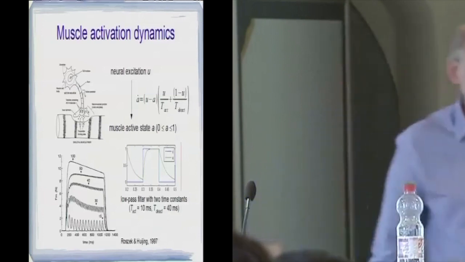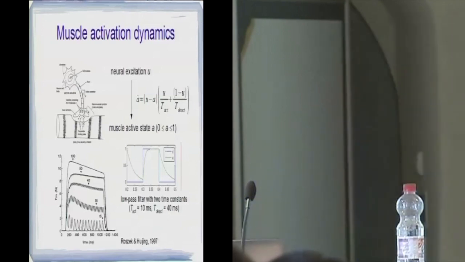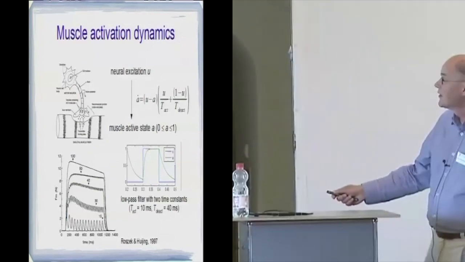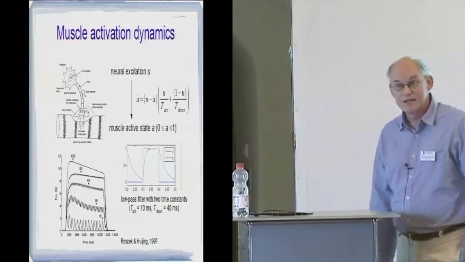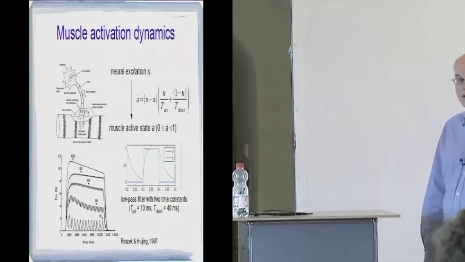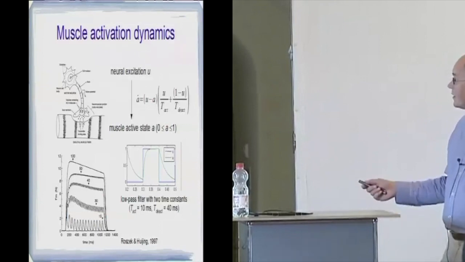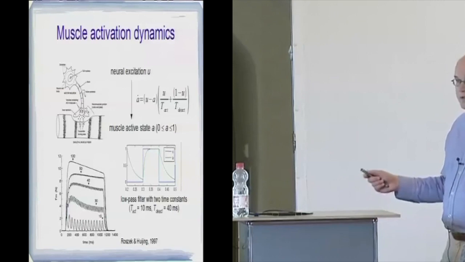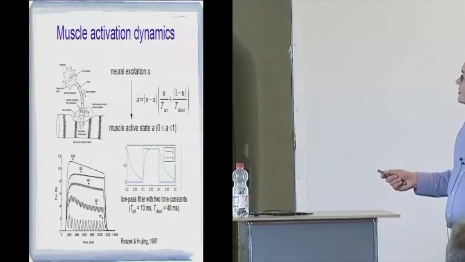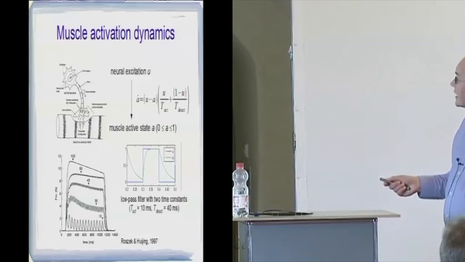The first muscle property is activation dynamics. You have a motor neuron that sends an electrical signal to the muscle, and then all sorts of chemical events need to happen before these proteins start moving their motors. This is typically modeled in musculoskeletal models as a first-order differential equation, where U is the neural excitation, the signal that comes from the nervous system, and A is the active state.